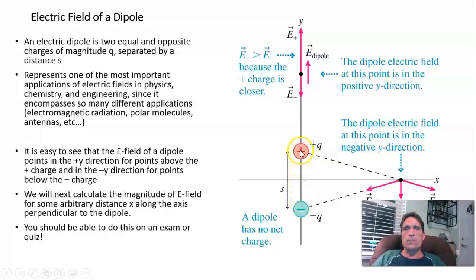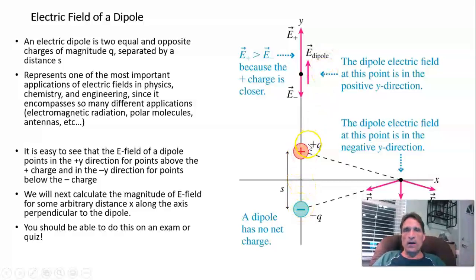It would be repelled by this positive charge Q, so that vector would also be pointing downward, and the net electric field would be in the downward direction at the origin, because it's attracted to the negative and repelled by the positive.